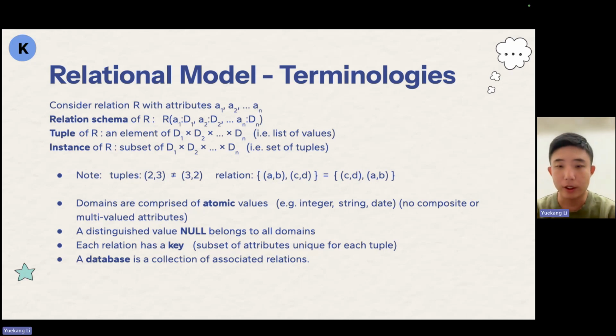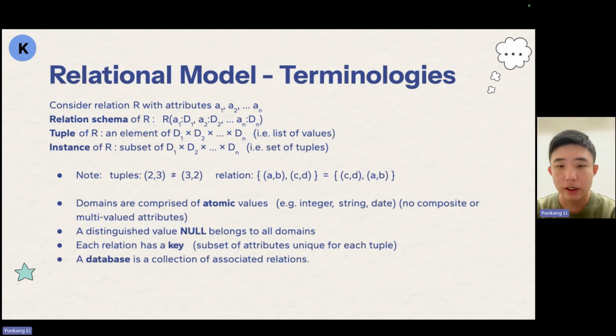So domains should be atomic. The second thing to notice is that there's a special value, which is null. It is quite common in most programming languages, and it means nothing there. Null belongs to all domains.